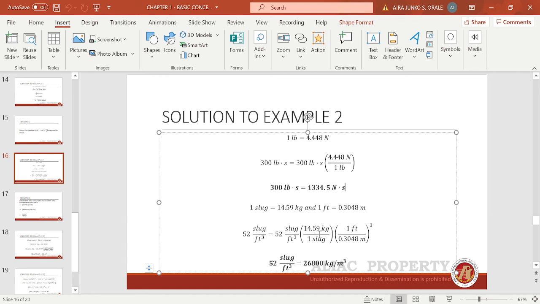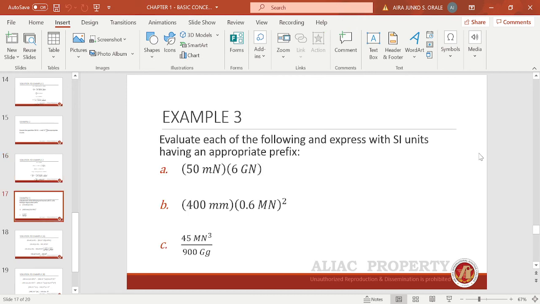So 1 cubic feet will be cancelled with this one. So the only thing is 0.3048 cubed. So just do the problem solving here, and you will get the answer of 26,800 kilogram per cubic meter. Simple pa din.